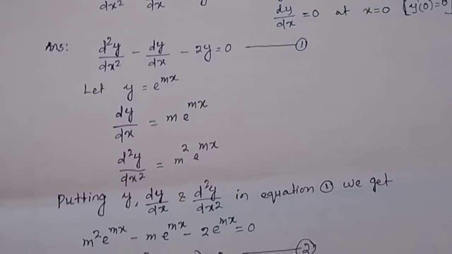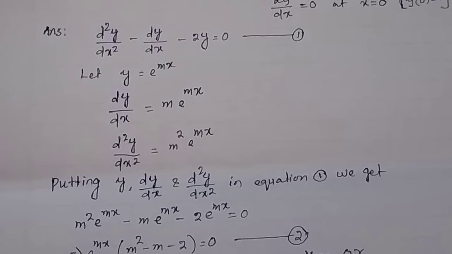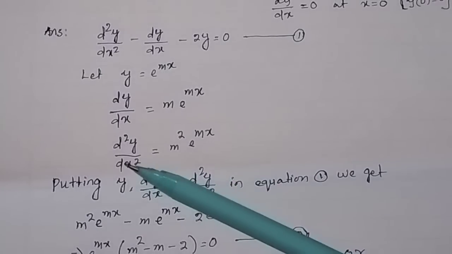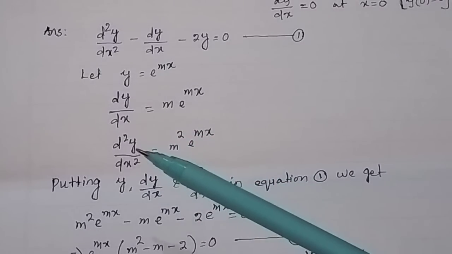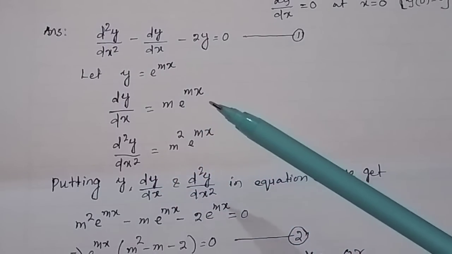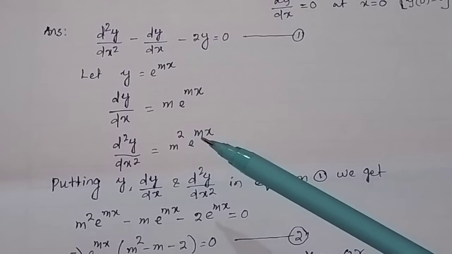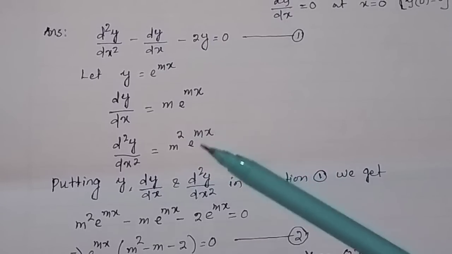Then we will calculate the second derivative. The second derivative of y with respect to x will be the derivative of this, that is m square e to the power mx, because m is a constant.